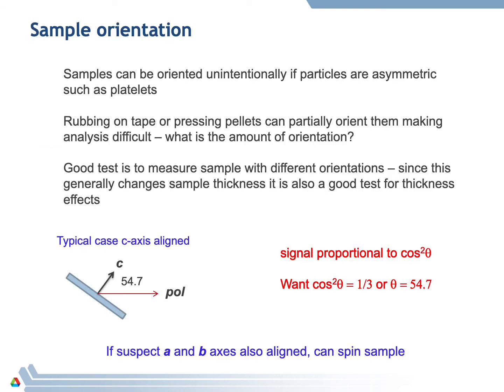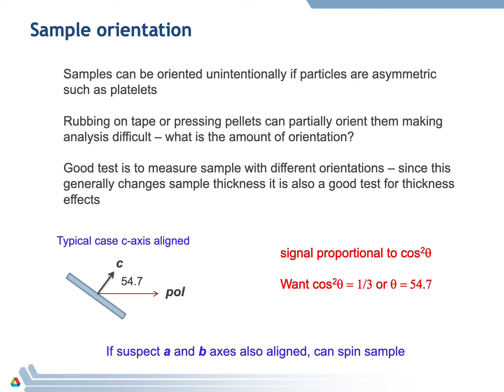Now, one issue that can come up when making samples, either from particles or if they're actually single crystals, is that you can end up with samples that are unintentionally oriented. For example, if the particles, when you grind them up, are platelets, which might happen if you have an asymmetric crystal structure, then when you rub them onto tape or press a pellet, you may partially orient them.